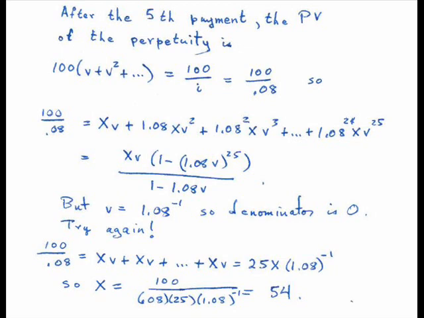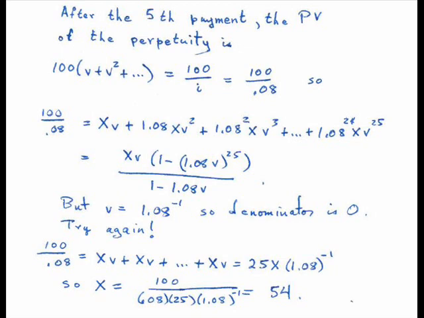Now this is a finite geometric series. We have a formula for the sum of a finite geometric series, which would be the first term times 1 minus the common ratio to the number of terms, and that whole thing divided by 1 minus the common ratio. So the first term is XV.